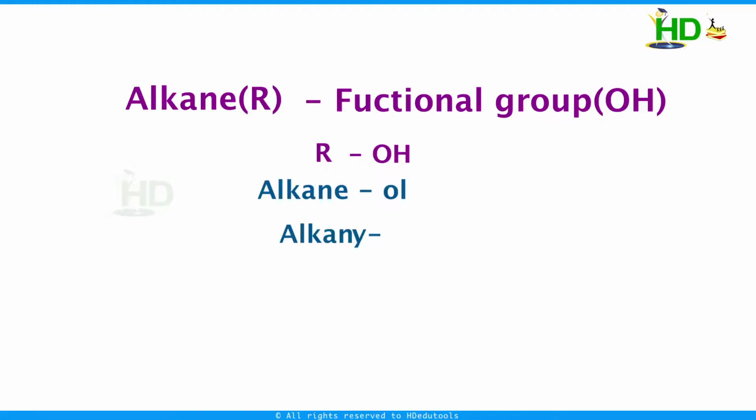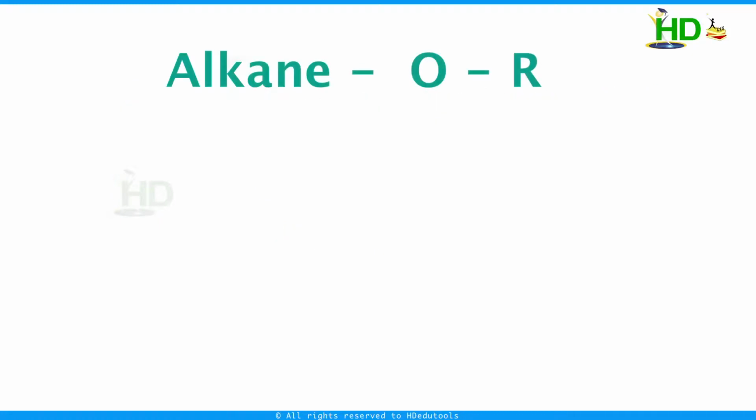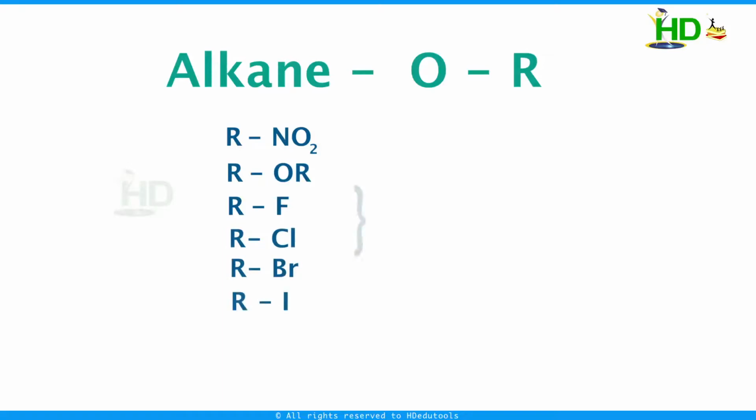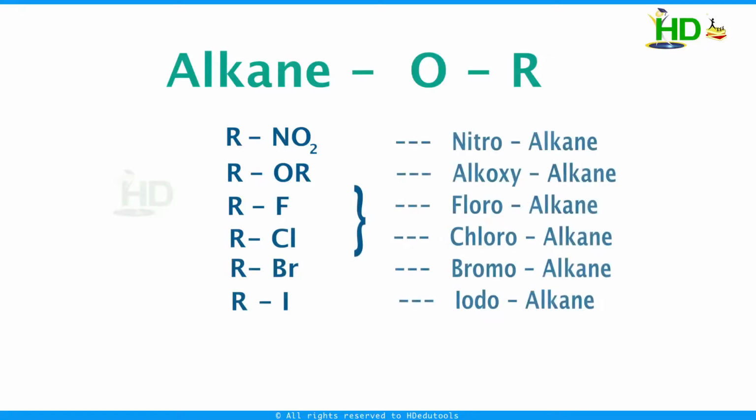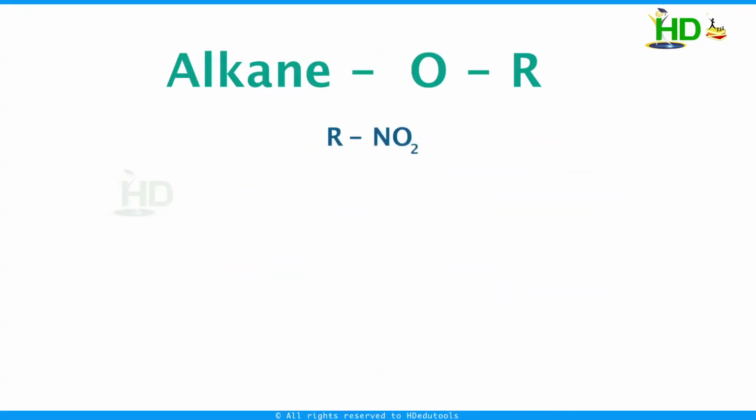In case of some functional groups, they are indicated by prefixes. For example, the groups NO2, F, Cl, Br, I. These are indicated by prefixes. If NO2 is there, the general formula is RNO2.